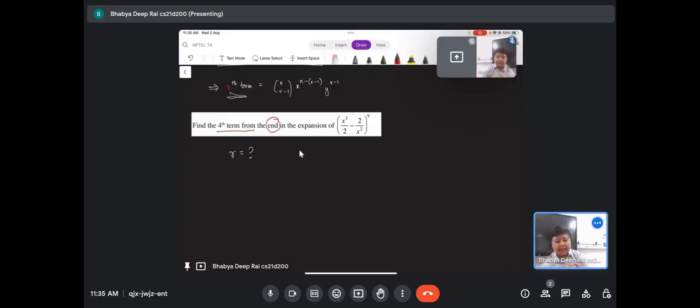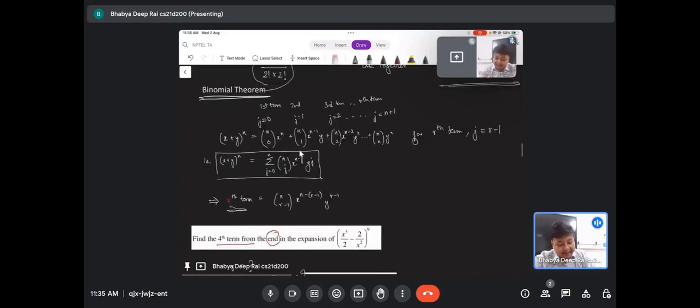The expansion of x cubed by 2 minus 2 by x squared, whole to the 9, will be some term plus some term plus some term and so on. But we know that if this is the first term, this is the second term, and so on, it will go till the 10th term only.